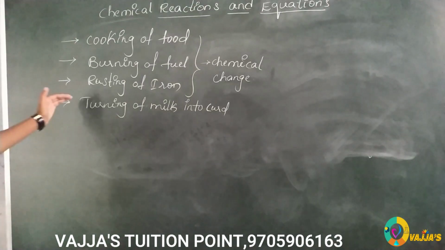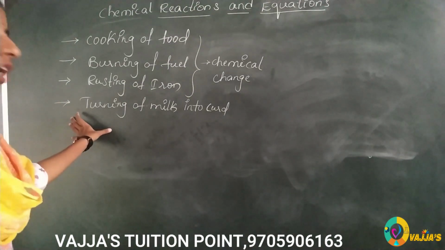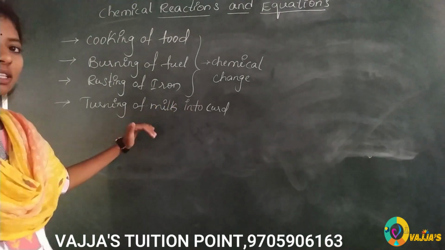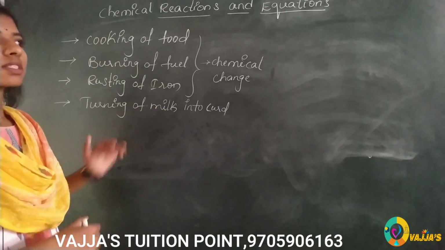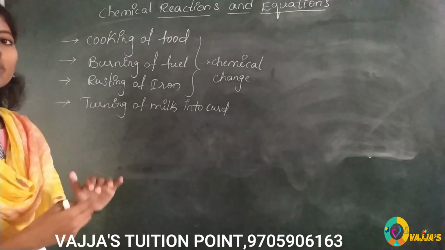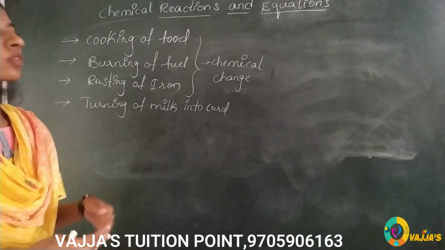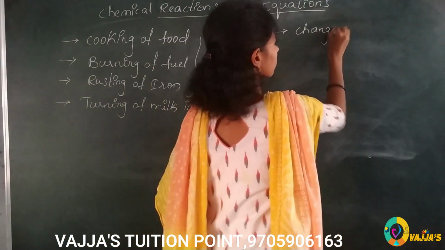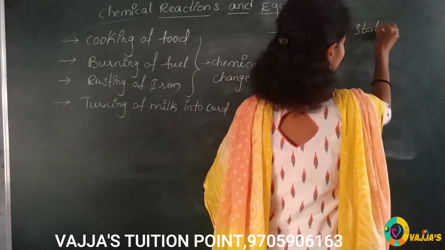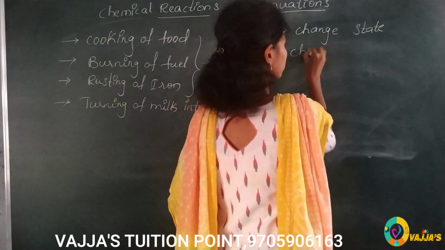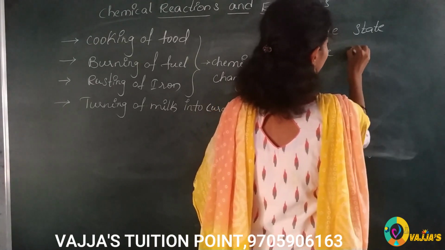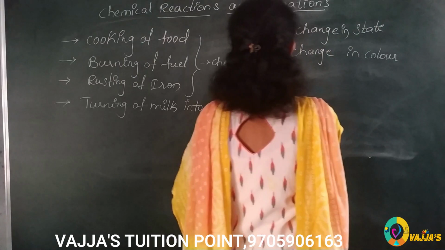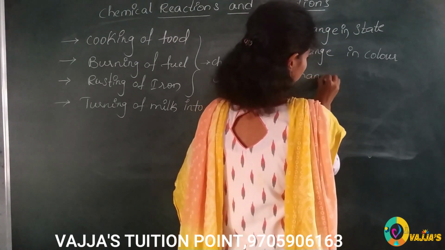So these chemical reactions affect us in our day-to-day life. So we are going to study what these chemical reactions are. Sometimes these chemical reactions involve some type of changes, like change in state, change in color, and change in temperature.